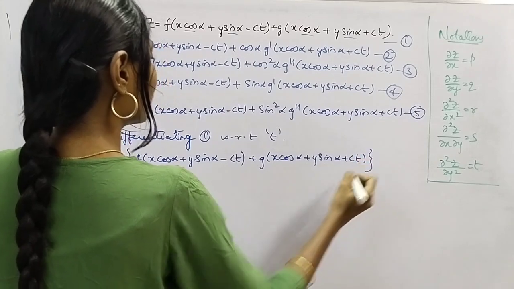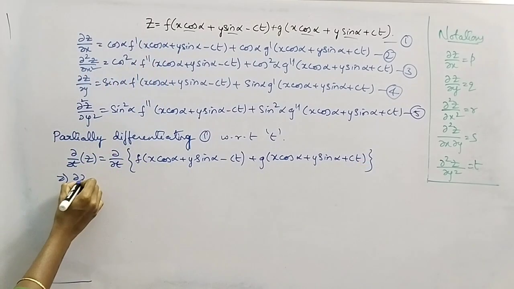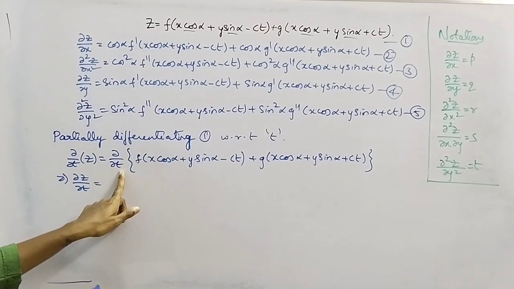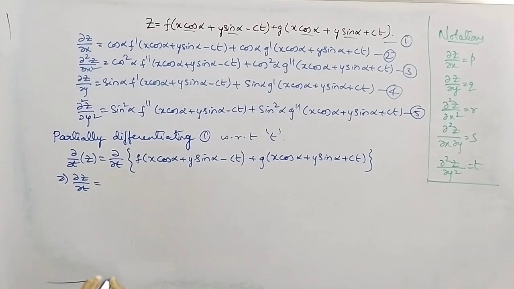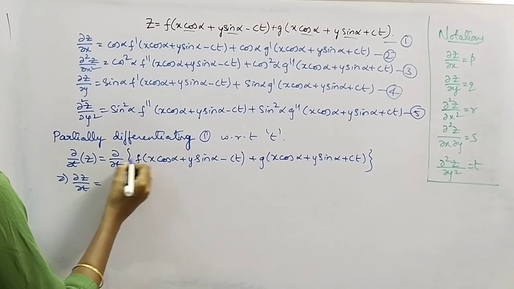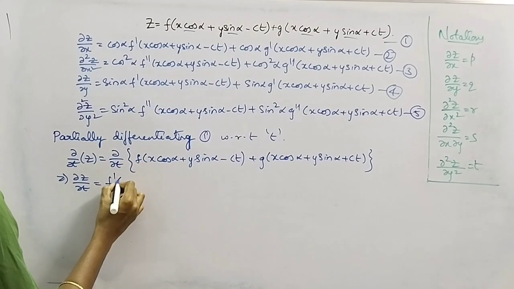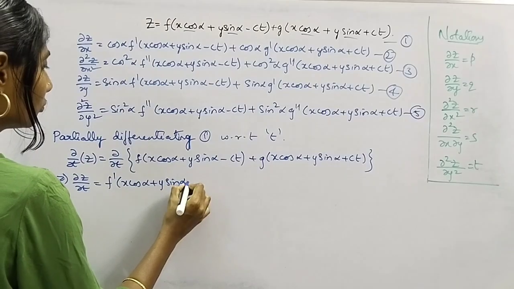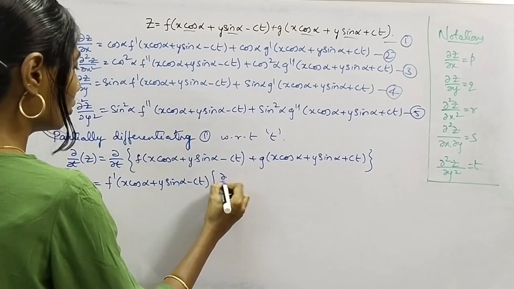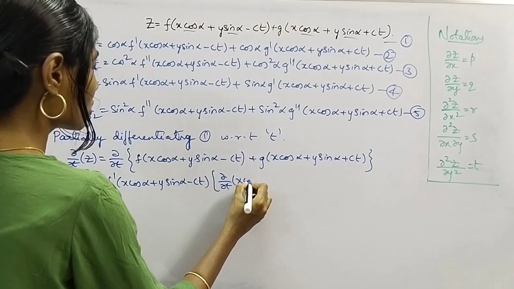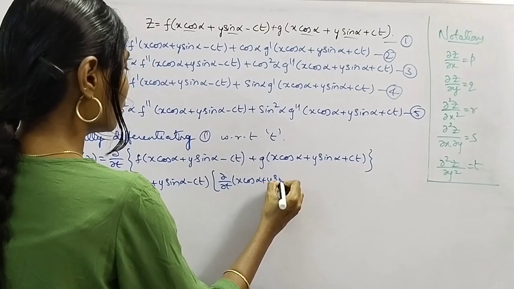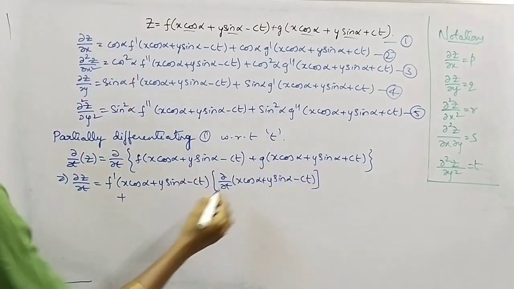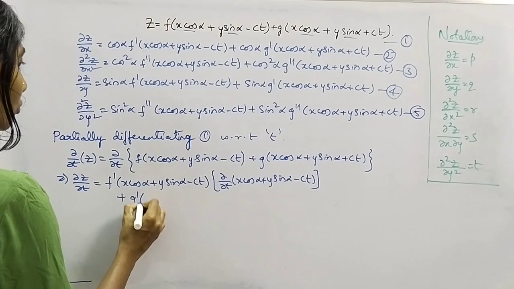This gives us ∂z/∂t equal to... Here we are partially differentiating with respect to t, so we'll treat x and y as constant, and this gives us the partial derivative of f with respect to t is f dash into the inner derivative, that is ∂/∂t of (x cos alpha plus y sin alpha minus ct), plus the partial derivative of g with respect to t is g dash.